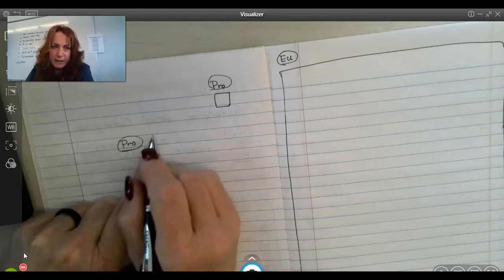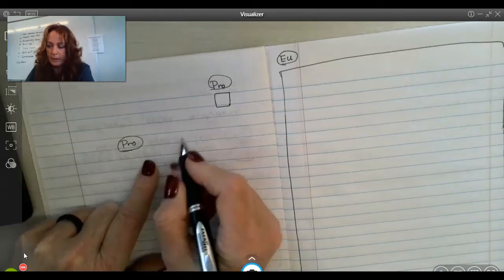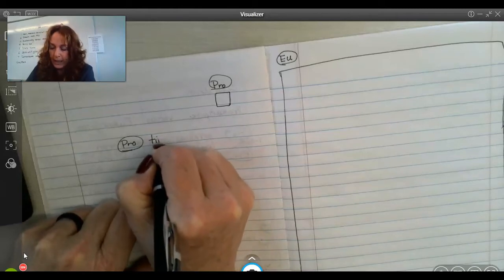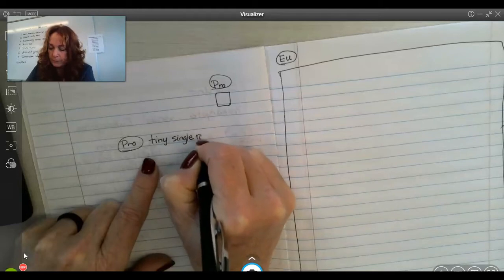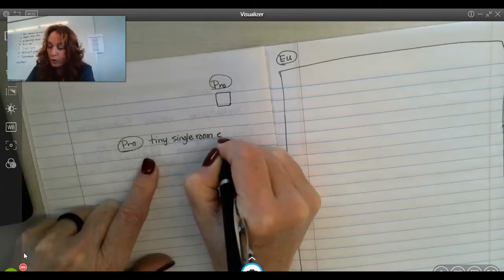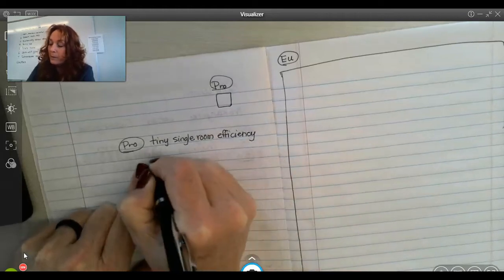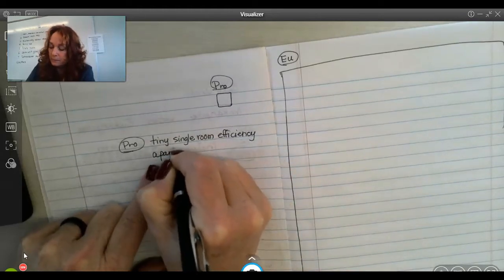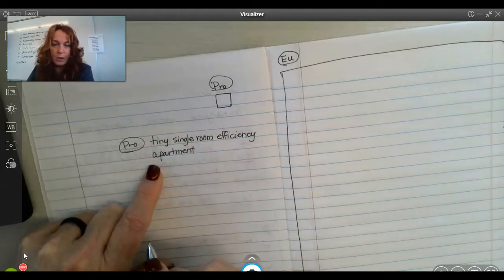Like the tiniest single room efficiency apartment. And if you don't know what an efficiency apartment is, I'm going to explain it. So that's what prokaryotes are like.